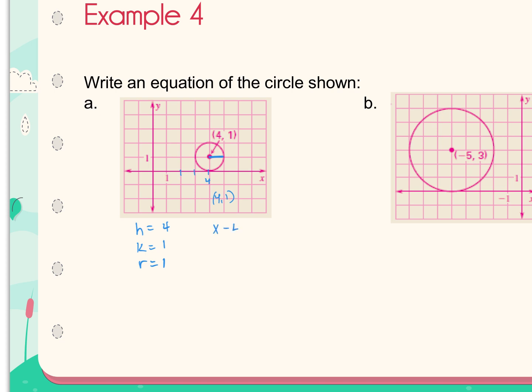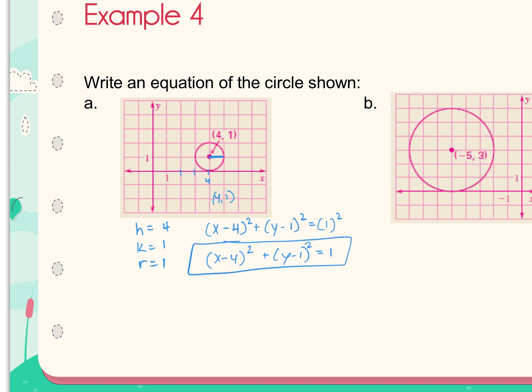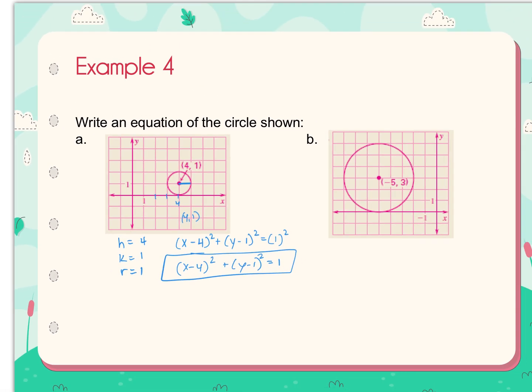It's going to be (x minus h) squared plus (y minus k) squared equals r squared. Everything stays the same here, and the only thing that changes is the r squared becomes just 1. And so this is the equation of this circle.